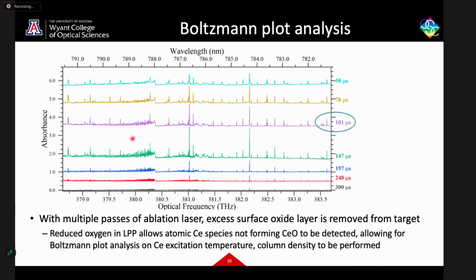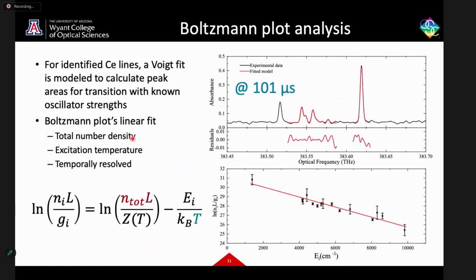So let's just consider the single time delay at 101 microseconds here. What we can do is identify those cerium atomic lines present in our DCS bandwidth. We can apply a Voigt fit to calculate their peak areas for transitions with known oscillator strength. Some of these features that we do detect do not have literature values that we could find, so we could not include them in this Boltzmann plot analysis.